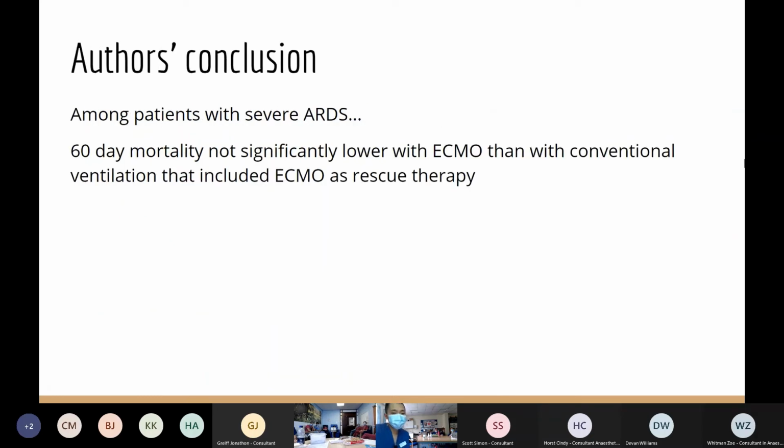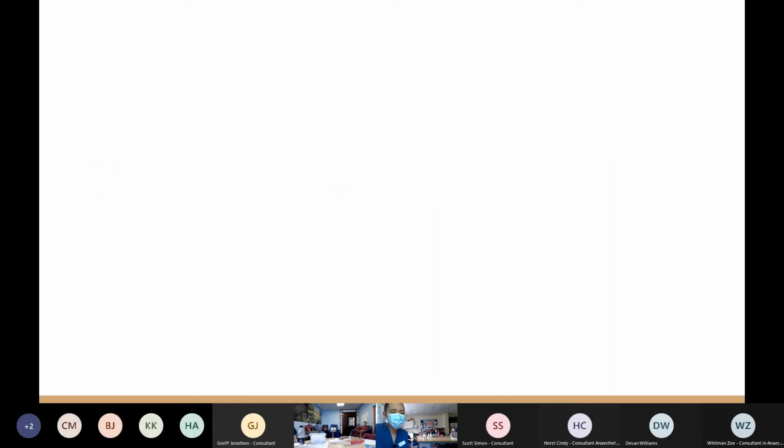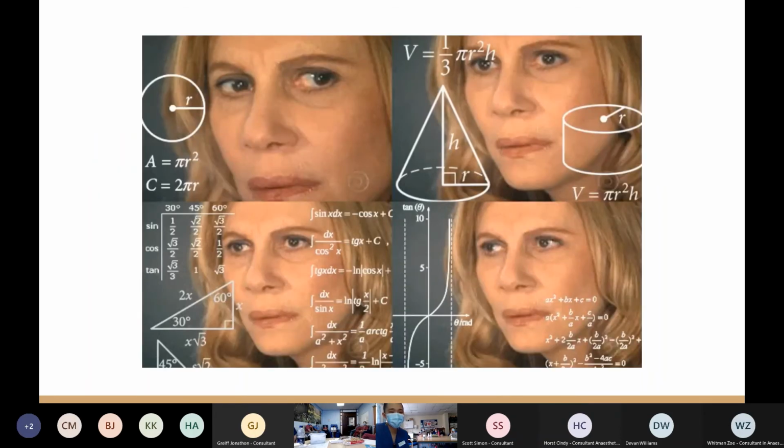The authors' conclusion for this study is that among patients with severe ARDS, 60-day mortality was not significantly lower with ECMO than conventional ventilation that included ECMO as rescue therapy. And I was quite surprised when I saw this conclusion, because there are some quite important data from this.